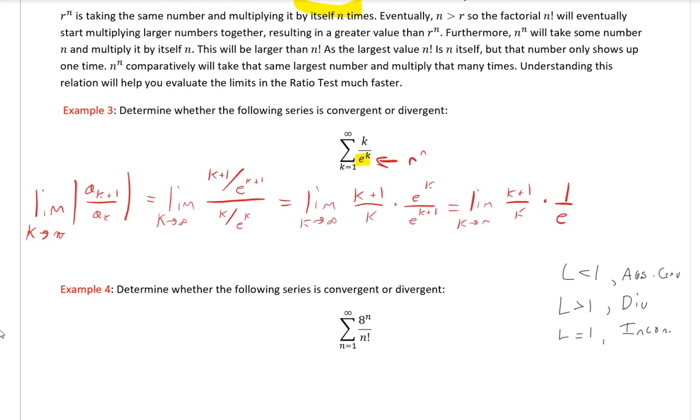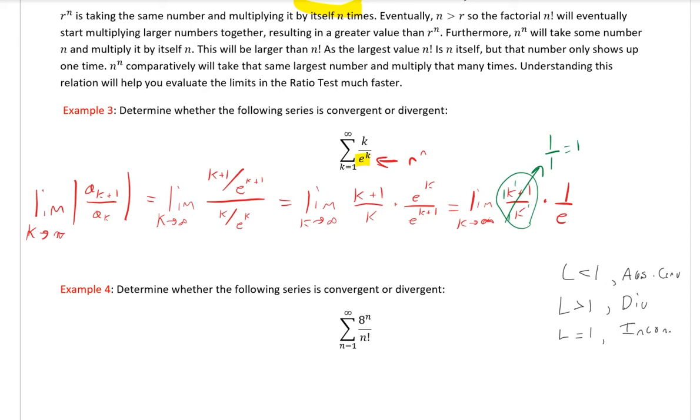Now, we could have done that earlier, but now we can also evaluate this limit because k plus 1 divided by k, as the leading term test says, because both the top and the bottom have the same degree of 1 as the highest, we can just take the coefficients up front, 1 over 1. So this goes to 1 over 1, or 1.